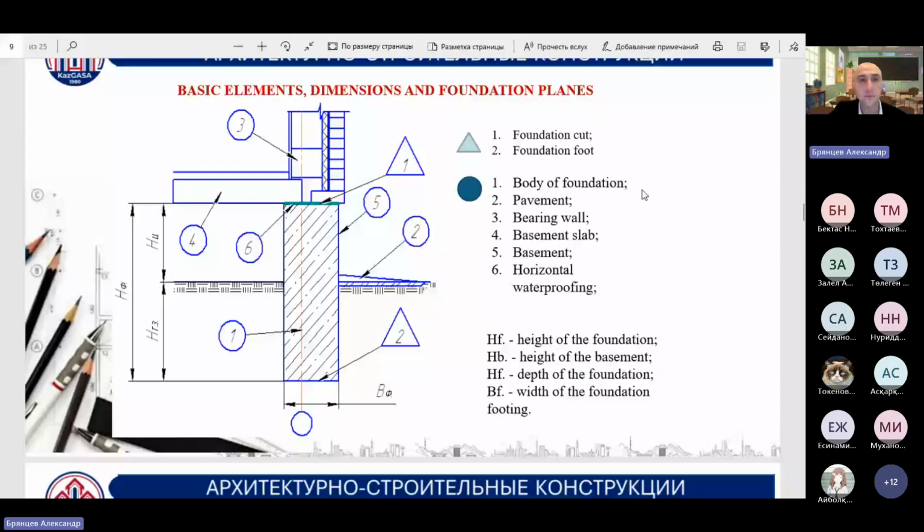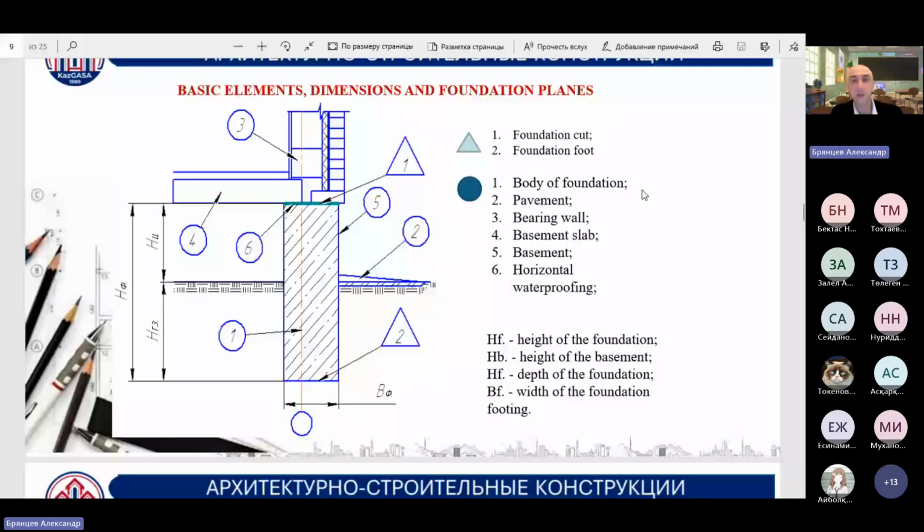There are special elements of foundations. This picture illustrates the key components and reference levels of foundations. First is the foundation cut-off level, foundation footing, foundation body, blind area, plinth, basement slab, horizontal waterproofing layer, and so on.